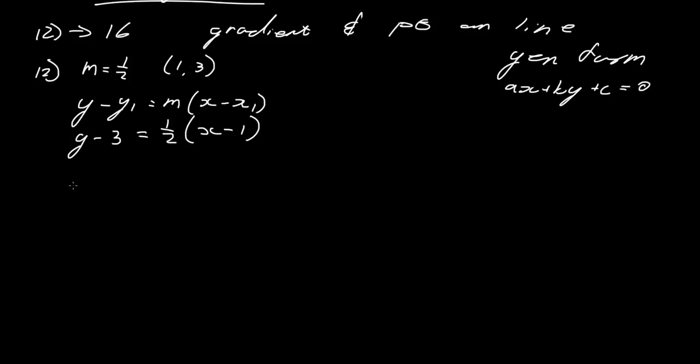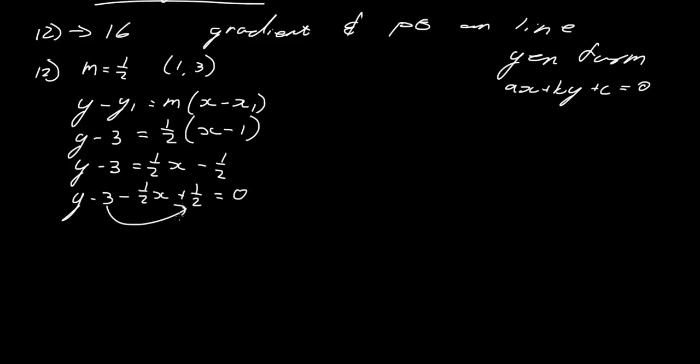Then let's multiply out and simplify. Let's multiply out quickly. y minus 3 is equal to 1 half x minus 1 half. Now, the general form has got everything on the left and 0 on the right. So let's take everything across to the left. y minus 3 minus 1 half x plus 1 half is equal to 0.